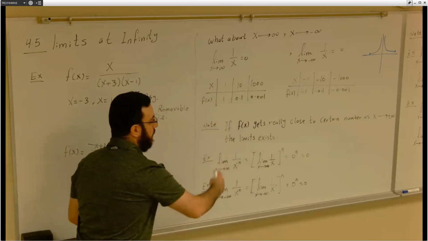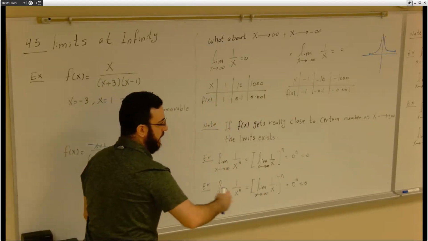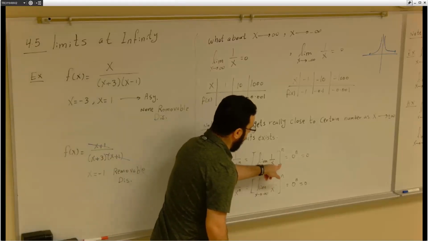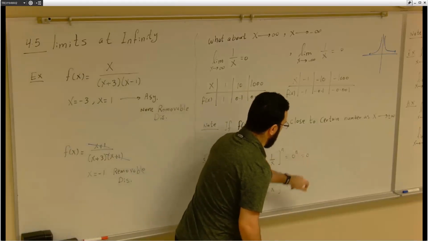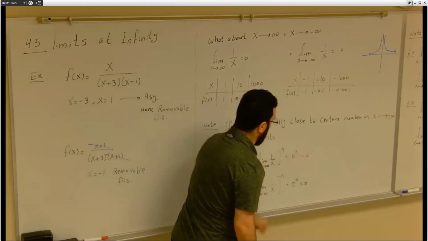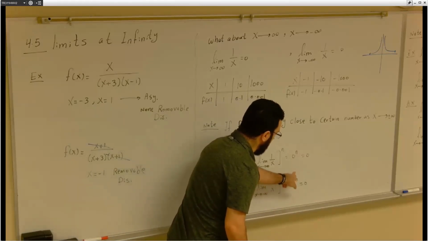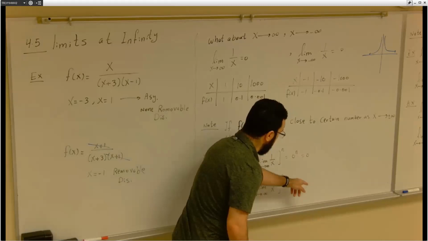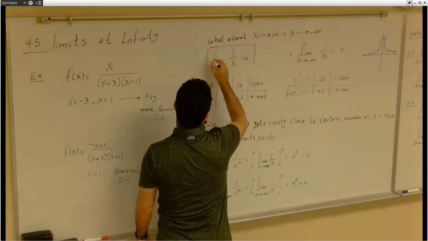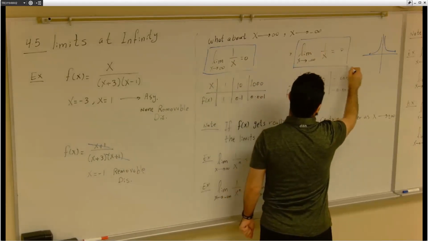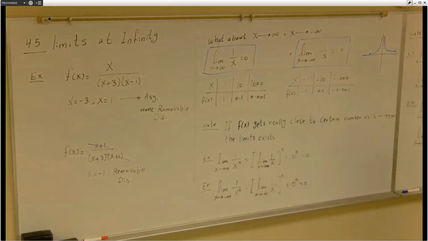That means the limit of 1 over x, as x approaches infinity, is always 0, so 0 to the n equals 0. The same thing if we have negative infinity: 0 to the n equals 0. So this is always our basic function when we try to find the limit as x approaches infinity.